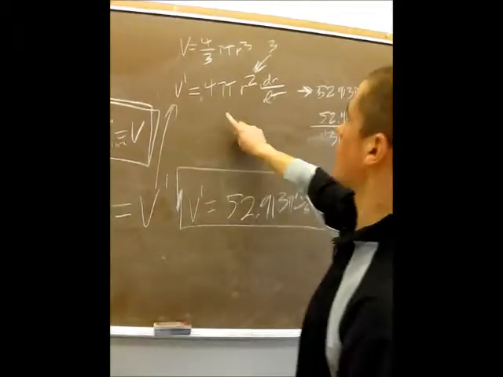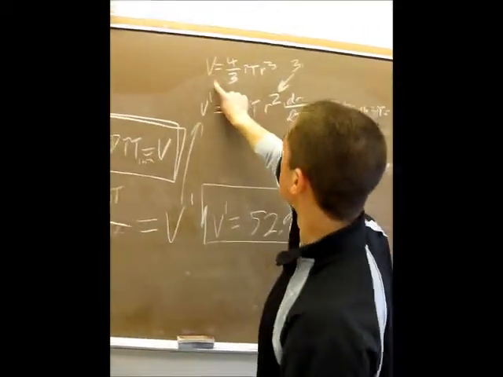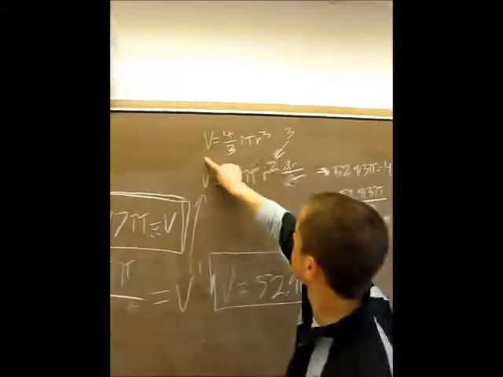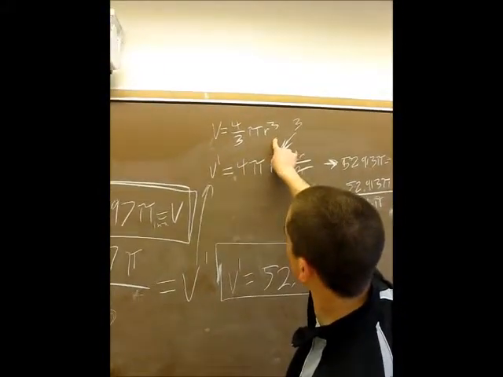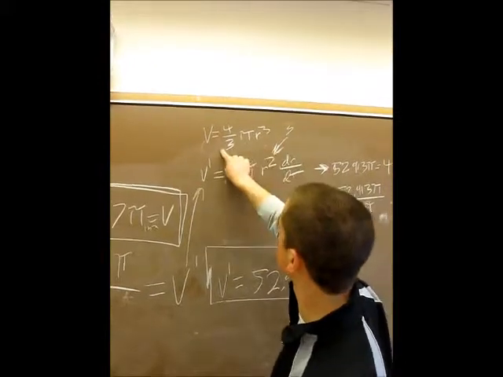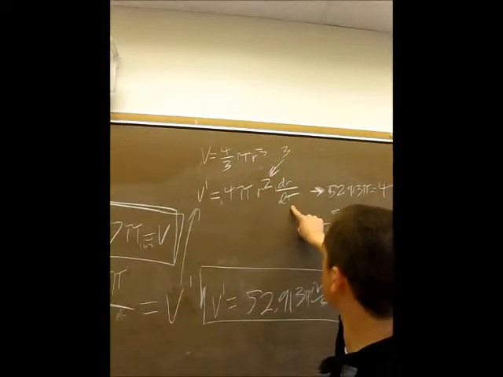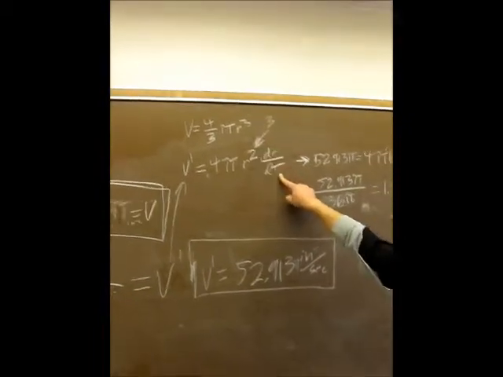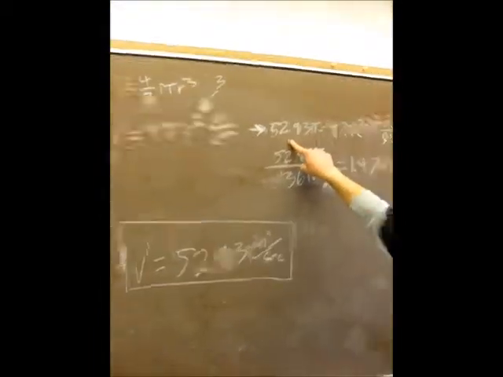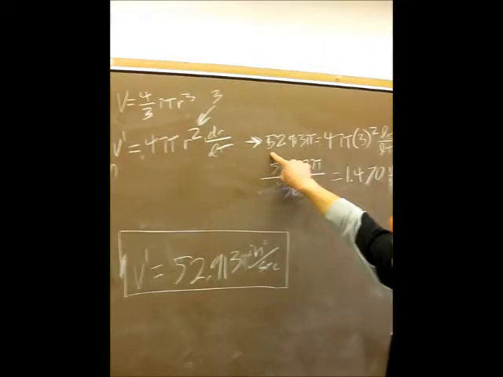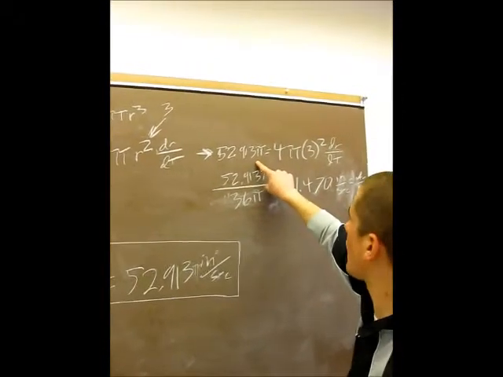And then we took the volume for the sphere and we took the derivative of it, which would be 4 pi r squared dr over dt. And then we plugged everything into that, and V prime equals 52.913 pi.